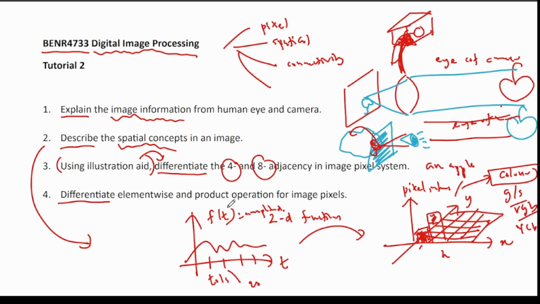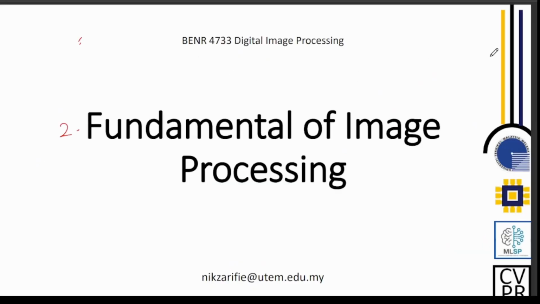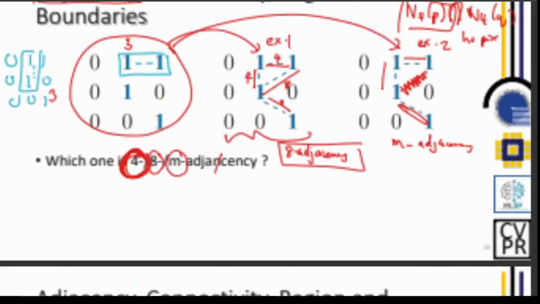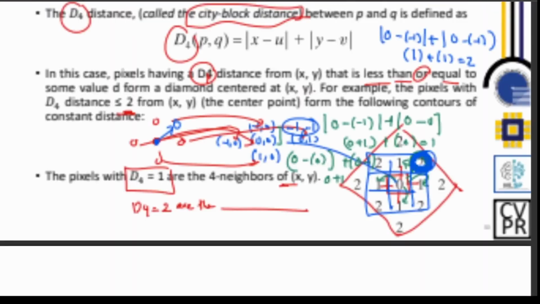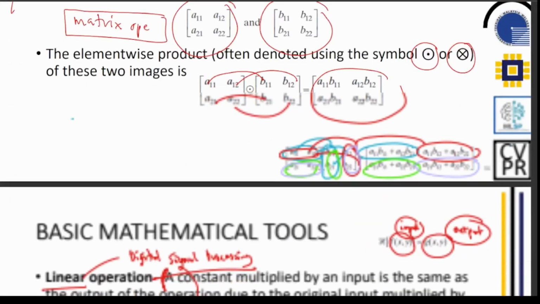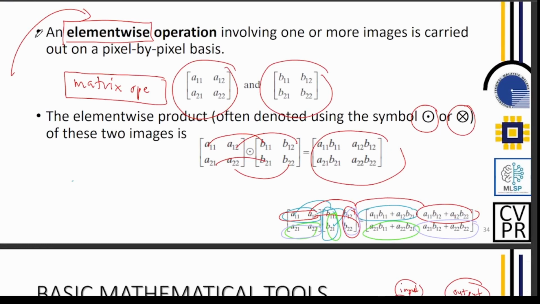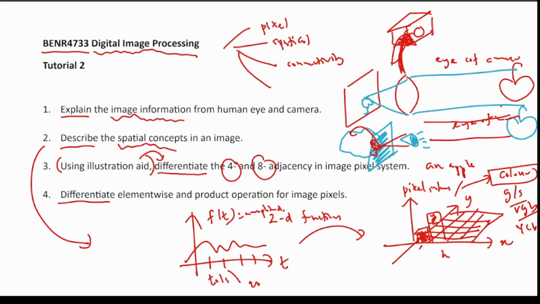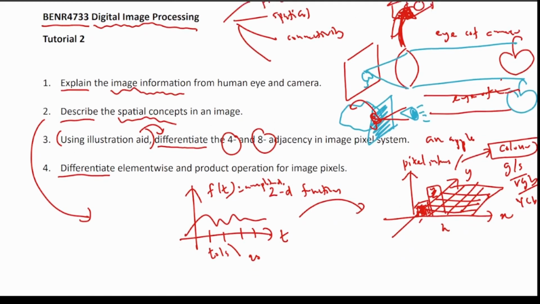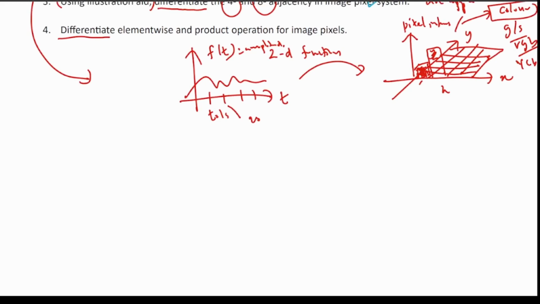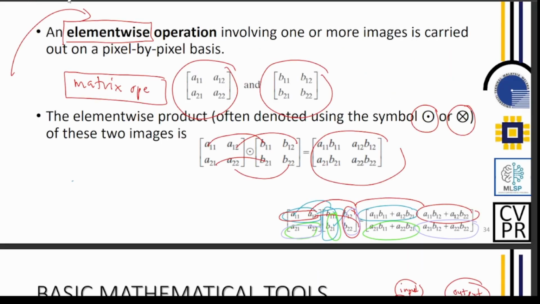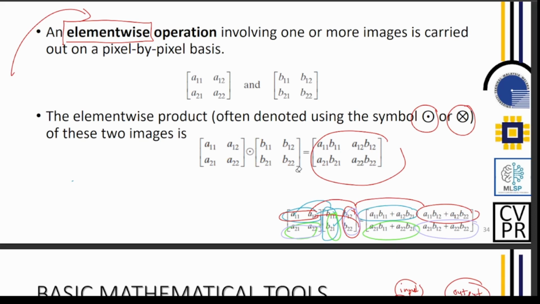Differentiate element-wise and product operation for every image pixel. This is basically simple. We did discuss this, I think. What is the element-wise, which is most relevant to our discussion in digital image processing? Imagine that we have two images.